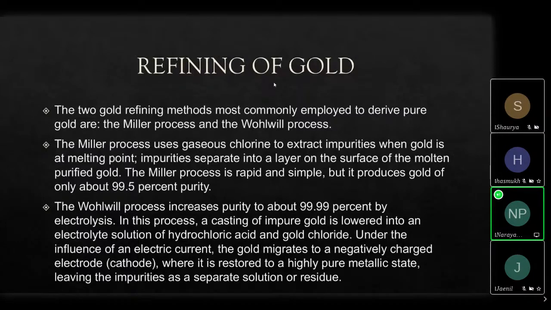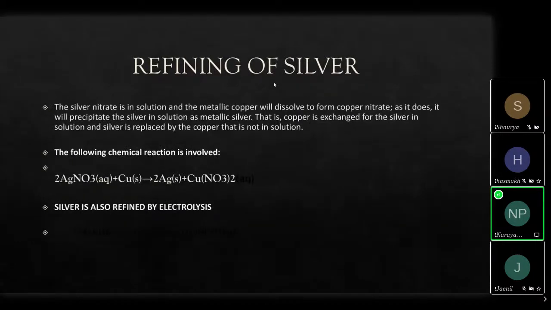Refining of silver. You make a solution of silver nitrate, and if you add copper, copper has better affinity towards nitrates. So silver is precipitated and copper is exchanged for silver.